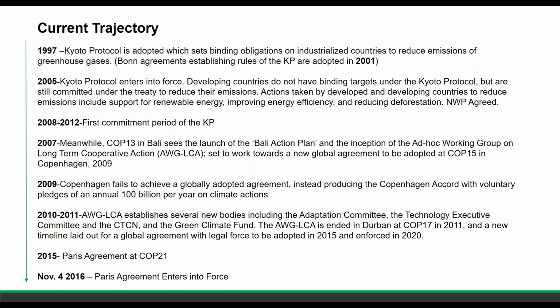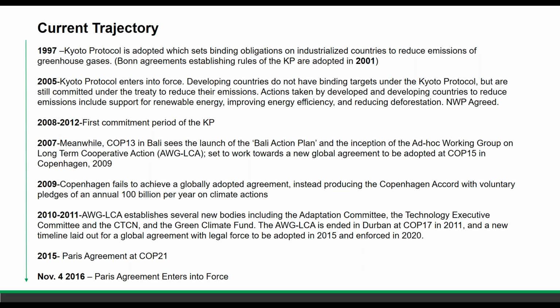And so in 2007, in Bali, there was a launch of what was called the Bali Action Plan, and it set up this ad hoc working group on long-term cooperative action with an understanding that parties were working towards a new global agreement set to be adopted at COP15 in Copenhagen in 2009.